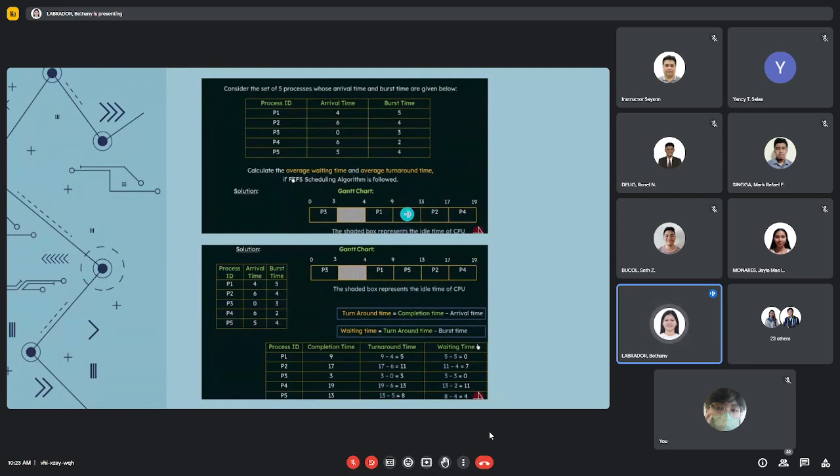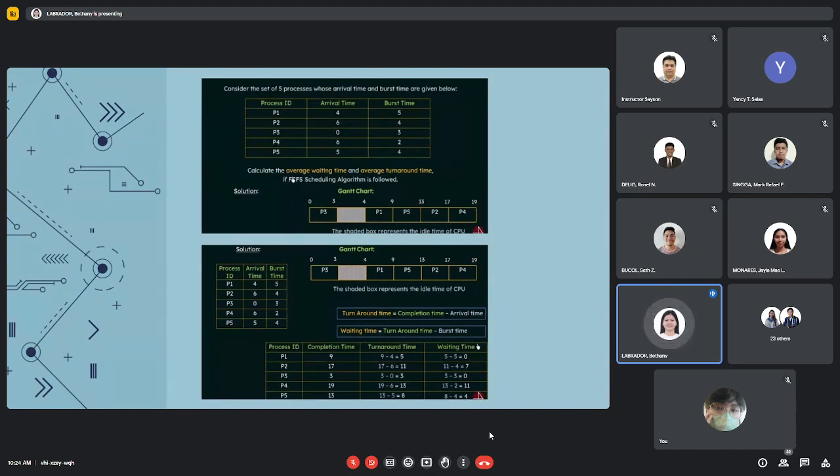Now, what is the next process that arrives after P5? We see that there is 6 and 6 here. That means both processes P2 and P4 arrive at the 6th unit of time. Now the question arises: since they both have arrived at the same time, who will get the CPU?